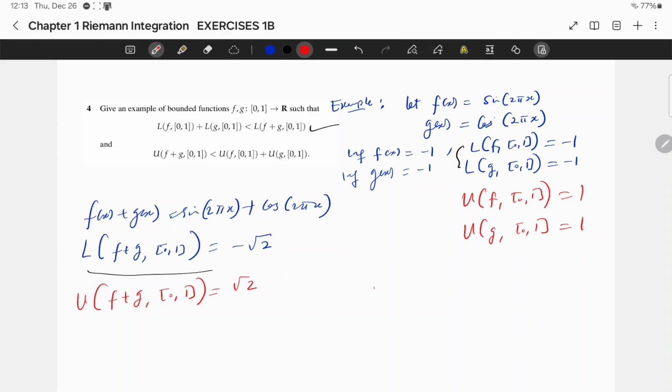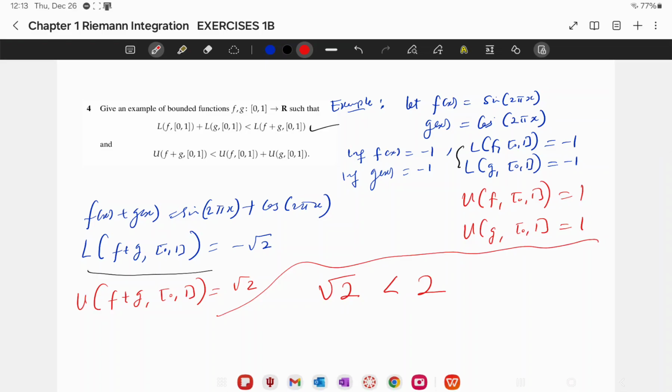So let's also take the addition. You see that root 2 is also less than 2, and that concludes it. So you can carefully check that.